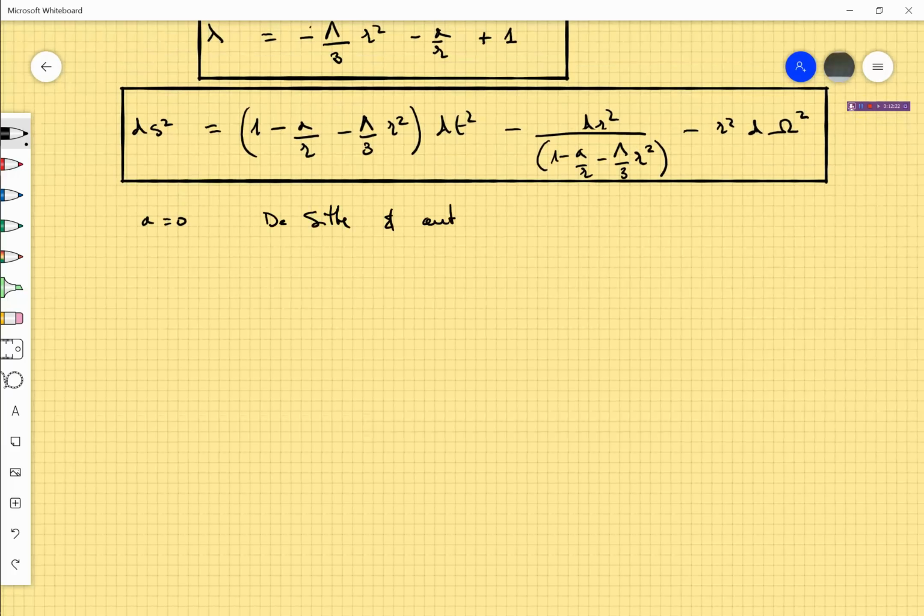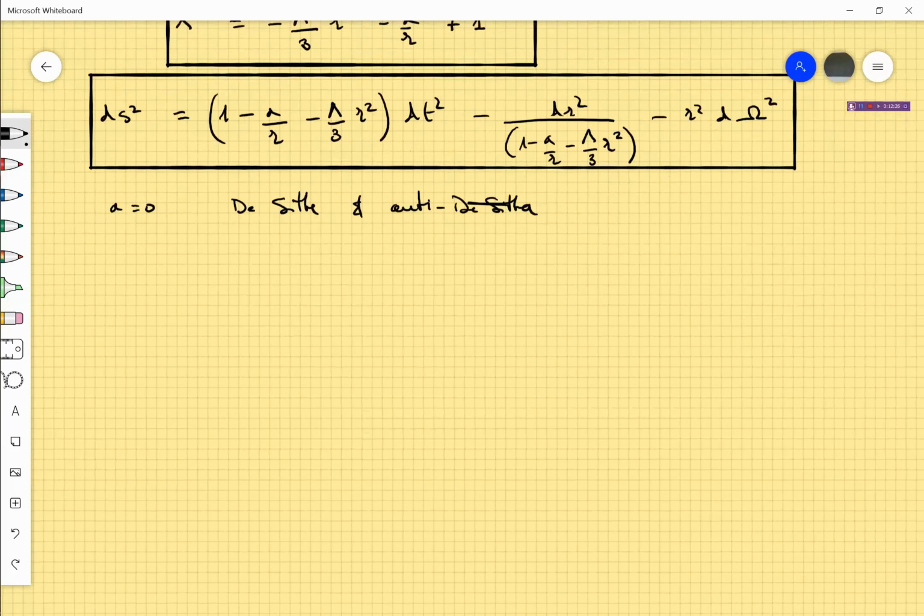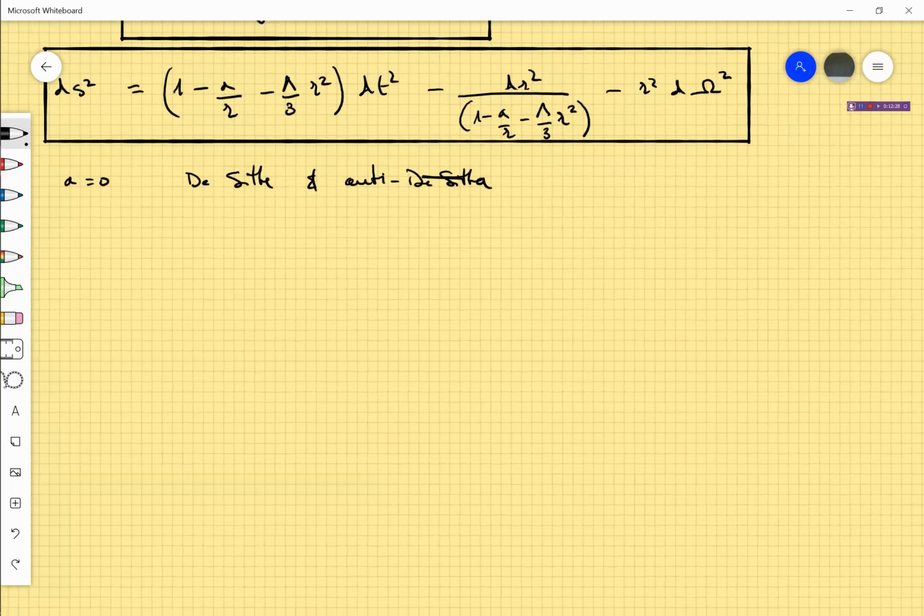And there was a parameter which we call the anti-de Sitter or the de Sitter radius. And here the thing that plays this role is this capital Lambda over 3. This is the de Sitter or anti-de Sitter radius.